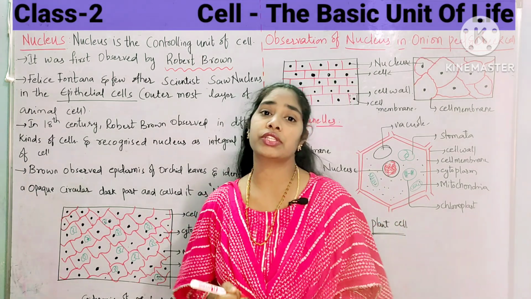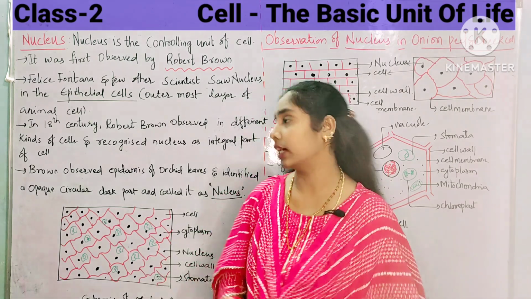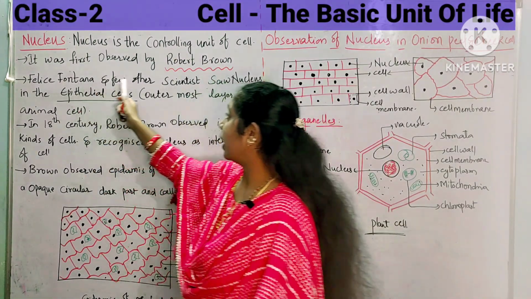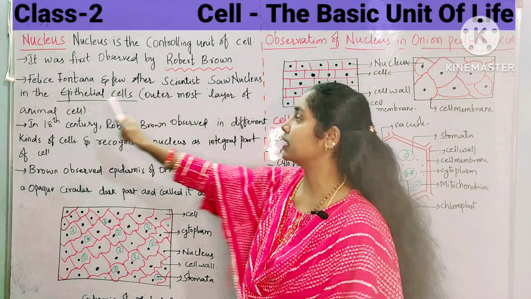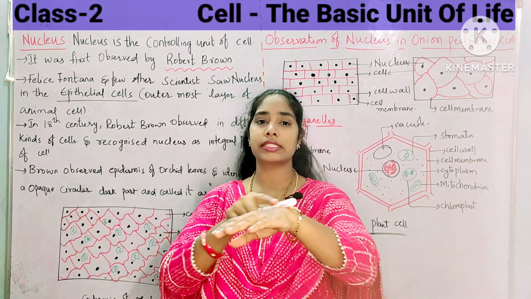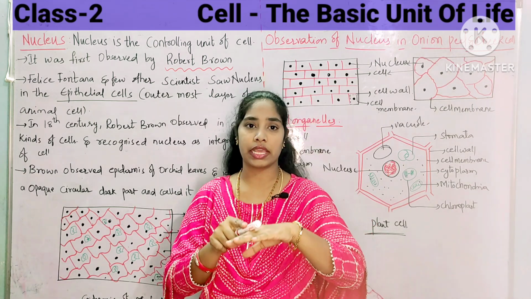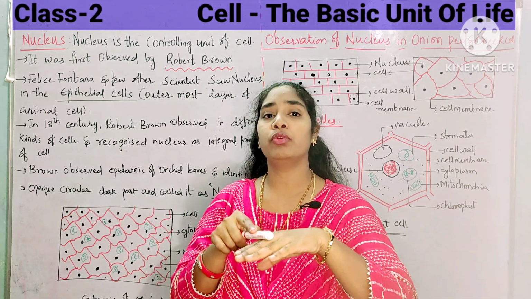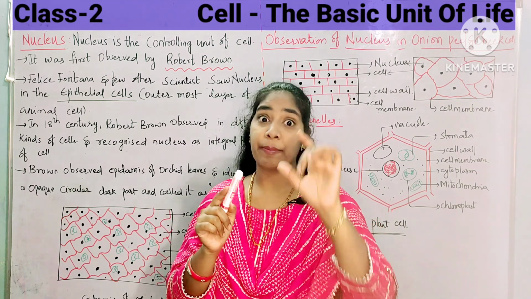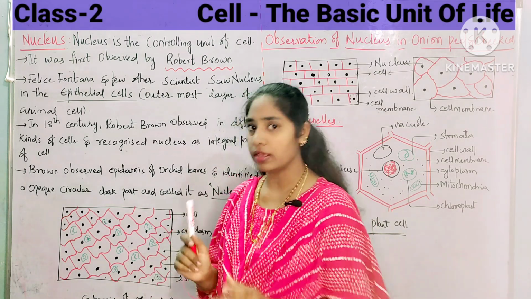Before identification of the nucleus by Robert Brown, many scientists like Felice Fontana and a few others saw the nucleus in the epithelial cell. What is the meaning of epithelial cell? It is the outermost layer of our skin, the outermost layer of our body. This outermost layer contains epithelial cells.